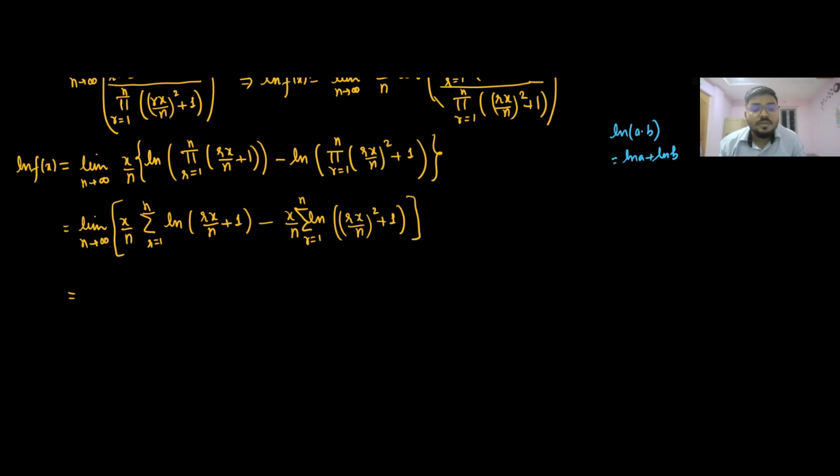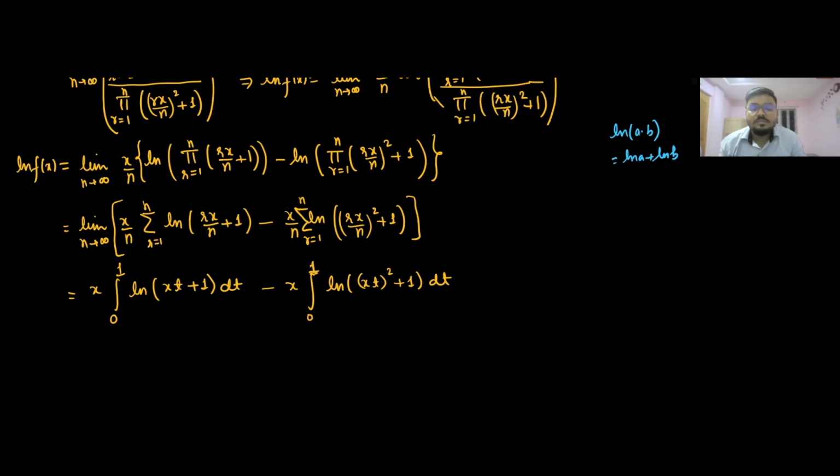So this will be integral, x will be remaining, and this is integral ln (xt plus 1) dt, and the limits start from r equal to 1 by n, and n is tending to infinity, means 1 by infinity, which is 0, and here n by n means 1, minus here also the same thing, x integral ln ((xt) square plus 1) dt, and the limits are same, 0 to 1.